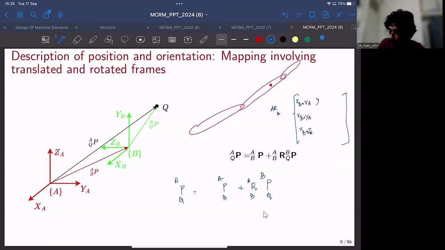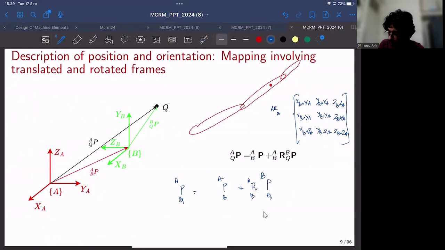The second column would be YB with XA, YA, ZA, and the third column would be ZB with XA, YA, ZA. These are nothing but the angles that XB makes with respect to XA, YA, and ZA; the second column is the angles YB makes with XA, YA, ZA; and the third column is the angles ZB makes with XA, YA, and ZA.